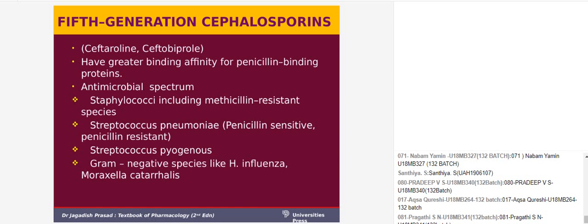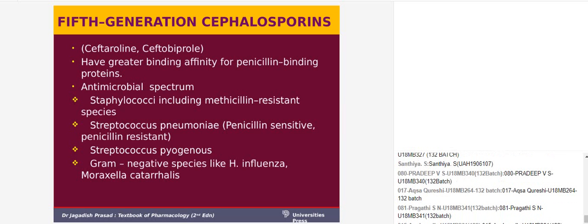Like other beta-lactams, ceftaroline, the fifth generation, exerts rapid bactericidal action by binding to the key penicillin-binding proteins. Both cephalosporins and beta-lactams exhibit enhanced binding affinity.